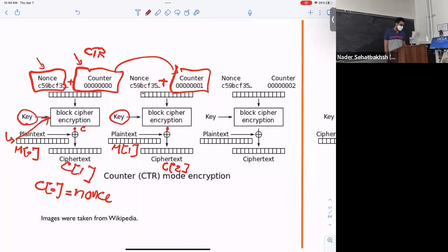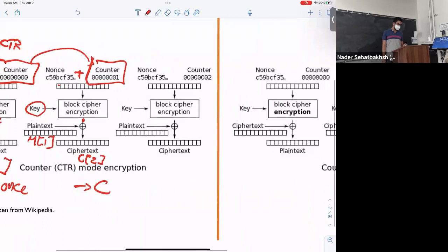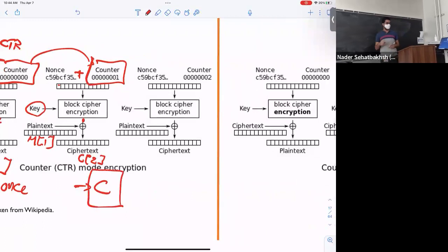And the key thing here is that this nonce has to be set. So each time we are encrypting a message, all we need to change is basically this nonce. And we have to make sure that we use this nonce only once. And since we are basically sending the nonce as C0, all we need to send to the receiver side is basically the entire C vector, where the C0 part would be the nonce.